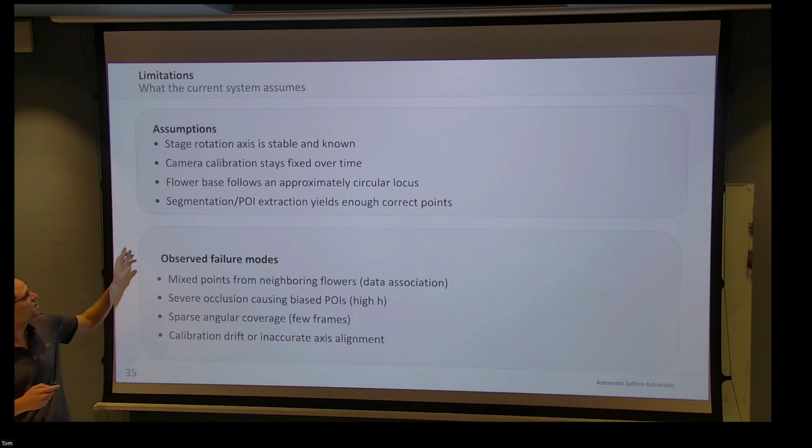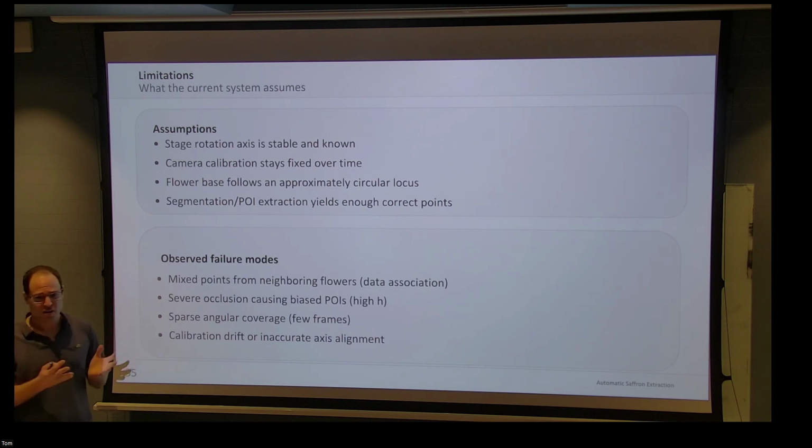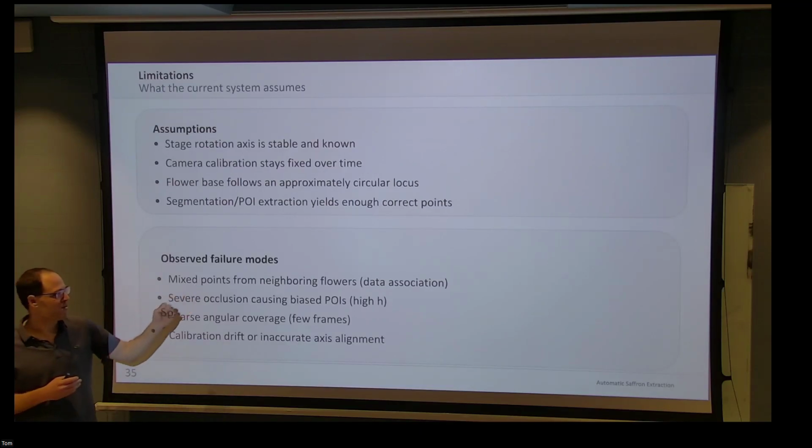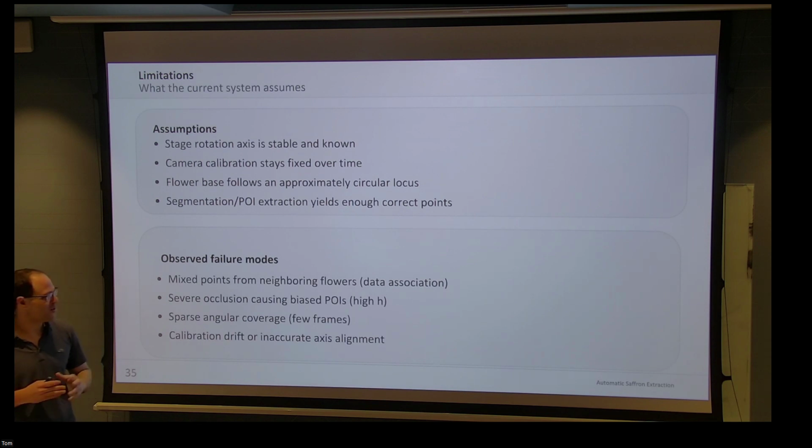The segmentation also needs to yield enough correct points. This is our assumption, and it depends on the frame rate, the time that we spin, and the occlusions. What can make our model fail is mixed points from a neighboring flower, the stealing points problem, and also severe occlusions that bias our height a little bit, and then risk our position.